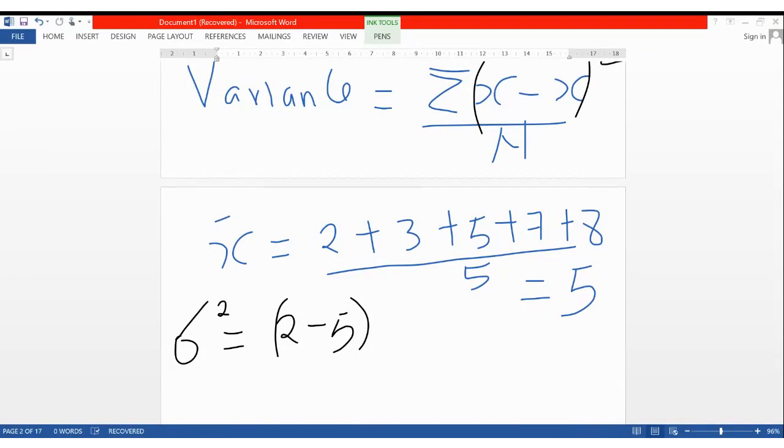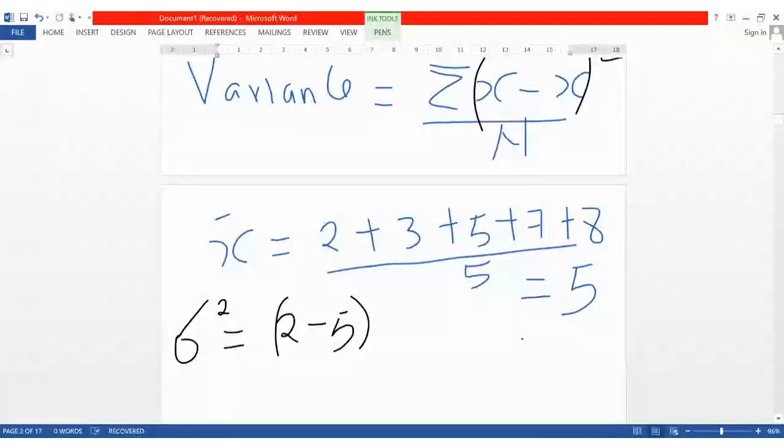So what I'll do, I will take each digit, I subtract the mean, then I square it. I add. I take again 3 minus 5, I square it. Plus, I take 5 minus 5, I square it.